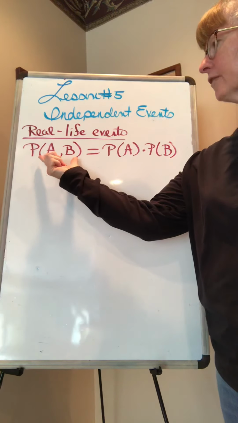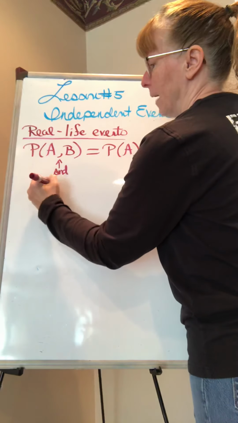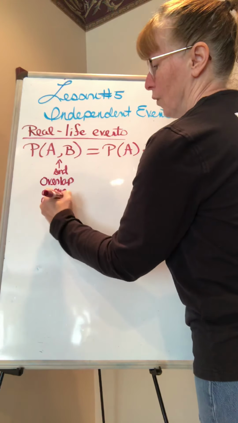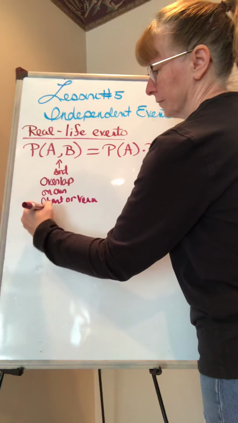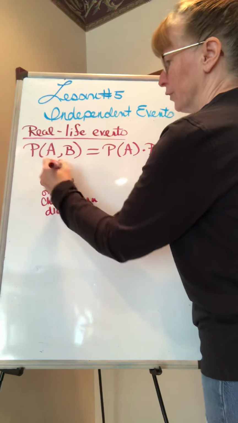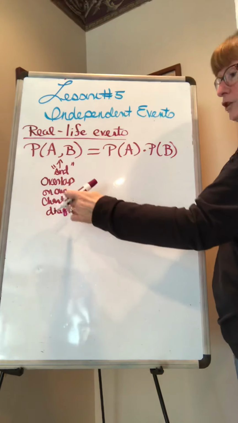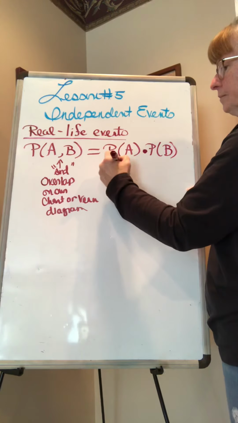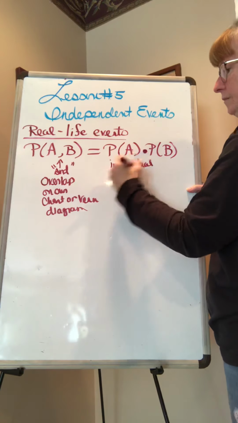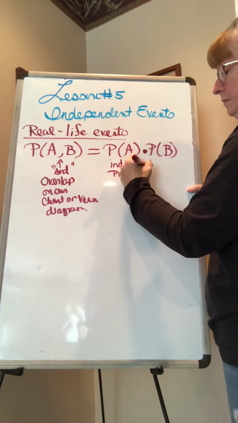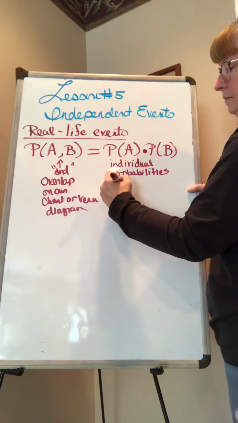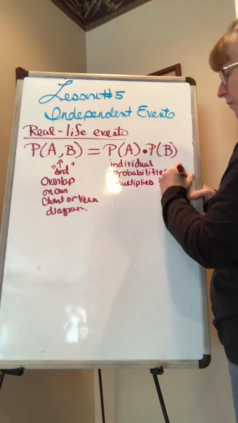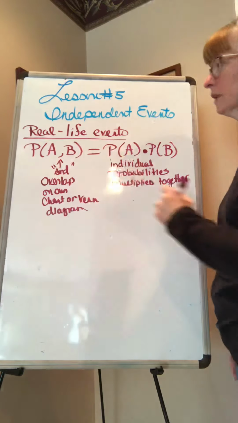If the and statement, if that overlap, so remember, this was the overlap on our chart or Venn diagram, is the same as the individual probabilities multiplied together, you're independent. So this is one formula for independent.